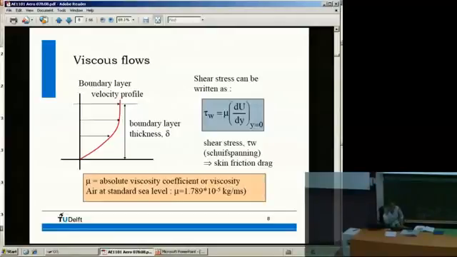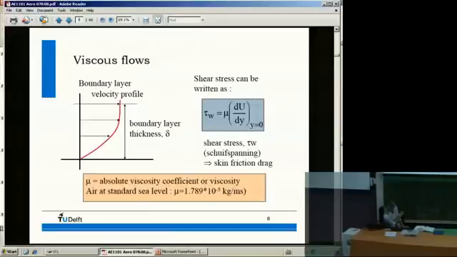Now, what causes this friction? Suppose this layer was like this, so the velocity was much higher close to the object. Would you have a higher friction or lower friction? So suppose I have a faster velocity closer to the object, like this, instead of this profile.